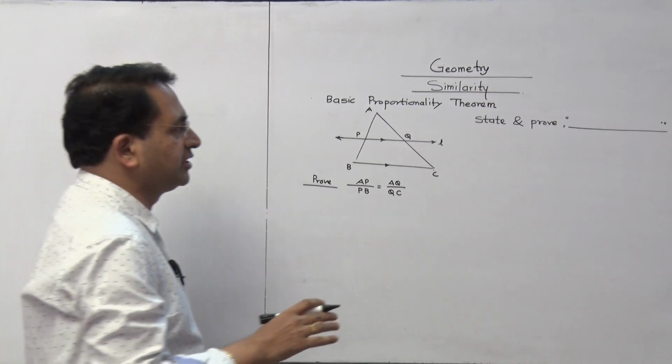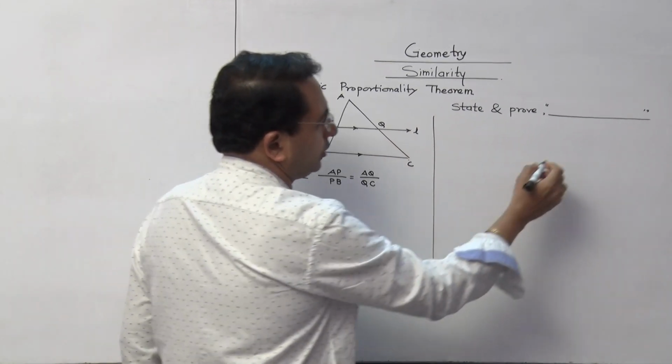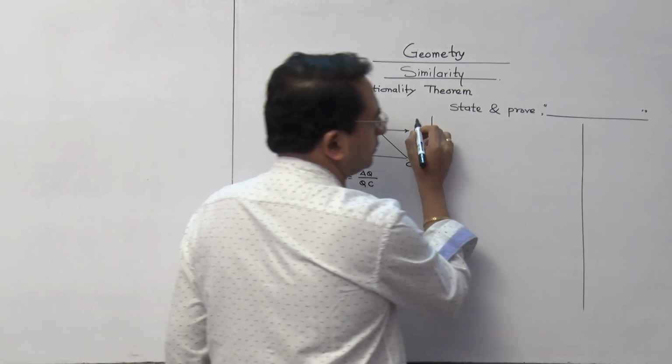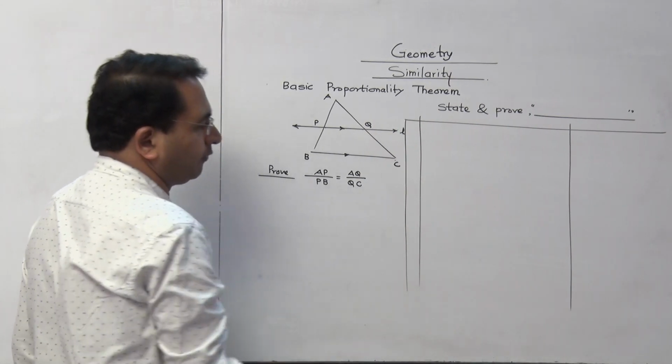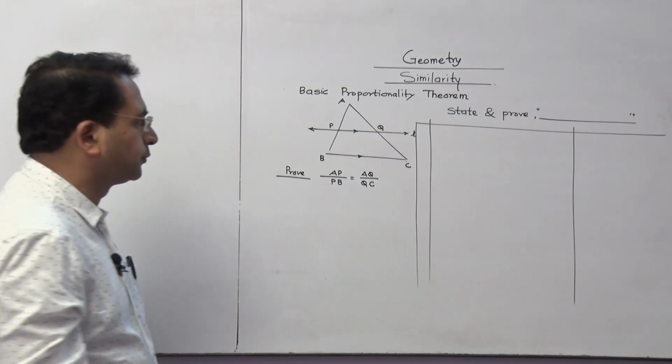Now there is a certain thing I expect. In geometry we are going to make specific columns for writing the proof, not only for theorems but for proofs.